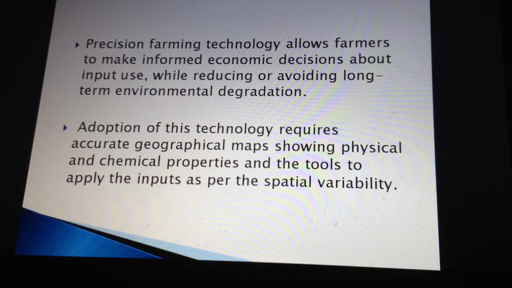Precision farming technology allows farmers to make informed economic decisions about input use while reducing or avoiding long-term environmental degradation. Adoption of this technology requires accurate geographical maps showing physical and chemical properties and the tools to apply the inputs as per the spatial variability.